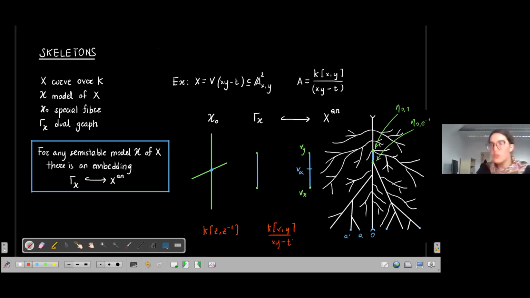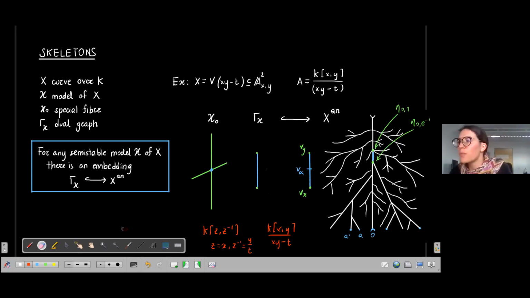First you need to fix a map to see the two points that I described here. You can fix z equal x, and then the inverse of x will be t over y, so y over t. Once you fix this, you can use this coordinate and describe these points in the way I gave.